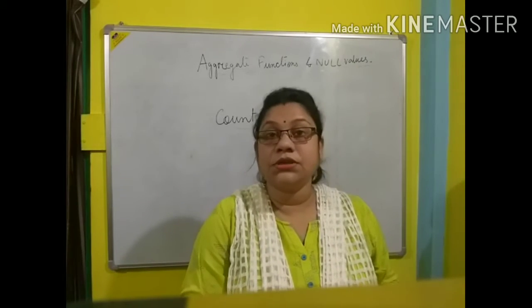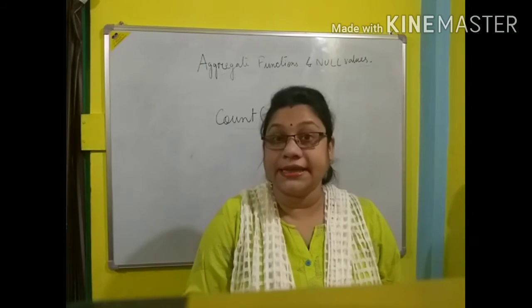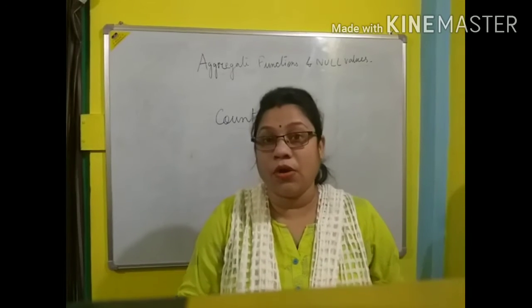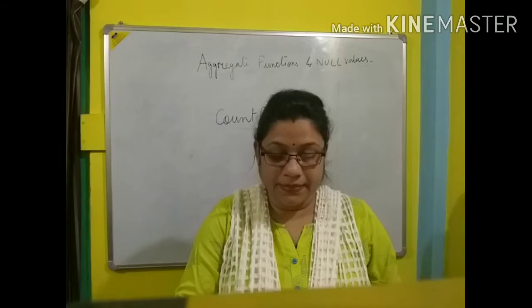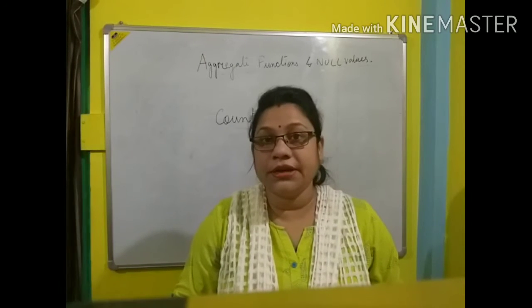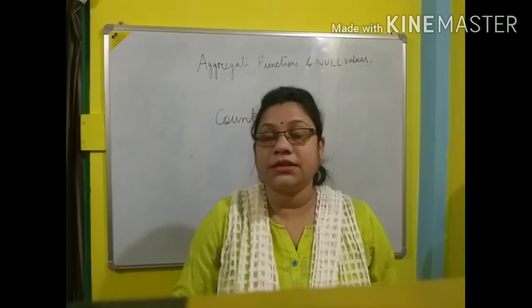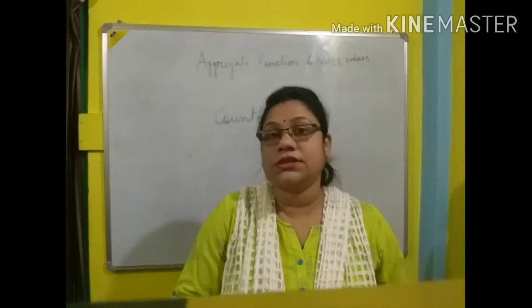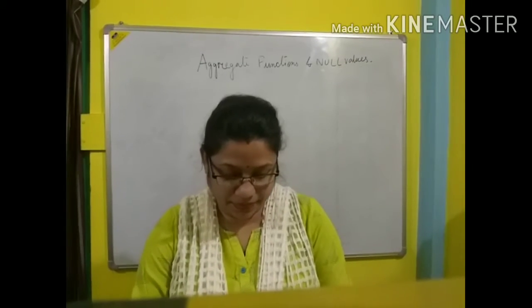But if you use the count star function, it will display 6. That means it displays the total number of rows including the null values. So we have 6 rows including the null values. The count star function is not going to ignore the null values. It includes the null values and represents the result.